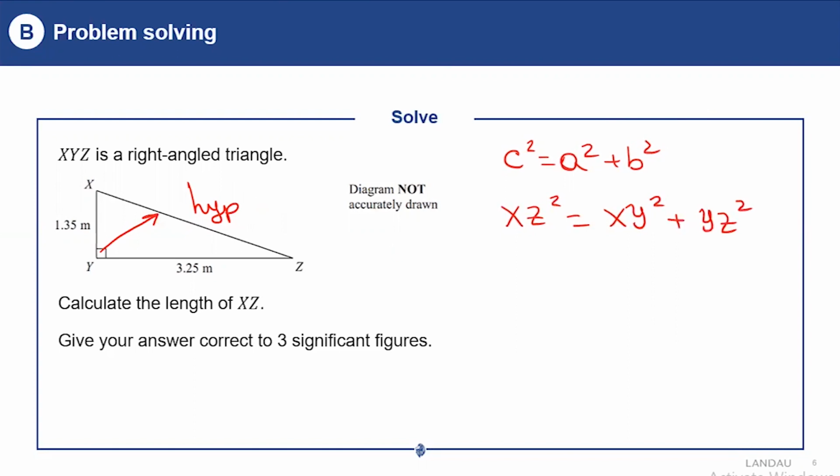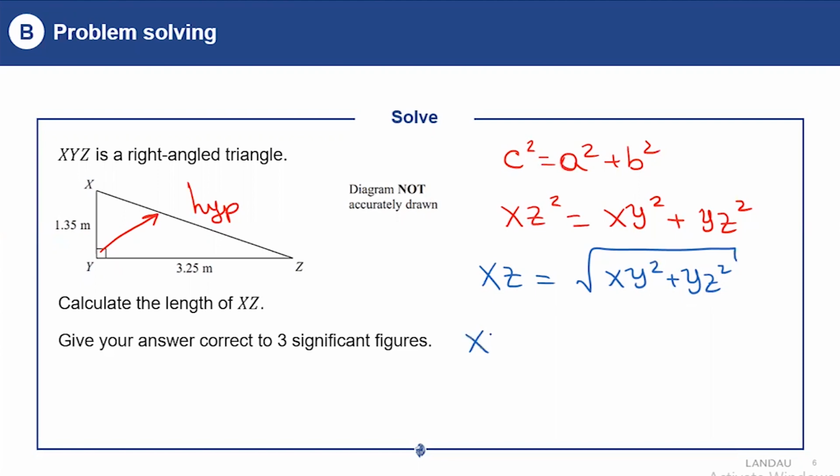And then we learned that if we want to find the value of XZ, we need to remove the square from both sides. For this reason, we need to add a square root. We will write XZ equals root of XY squared plus YZ squared. This is the formula. Now it's time to plug values instead of these sides.